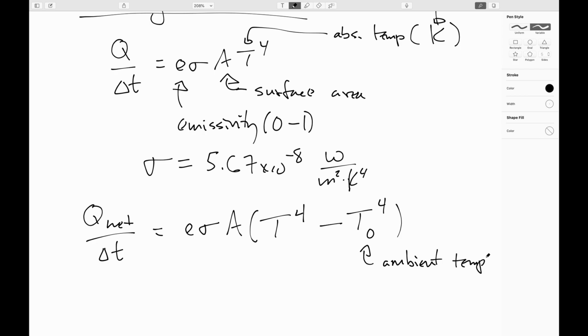We can look at this for a couple of things. I'll do an example in just a second looking at a satellite. But also practically, this is why I say if you're worried about getting yourself overcooked in the summer, you might choose to wear a lighter colored t-shirt rather than a darker colored one. As it turns out, the emissivity does track pretty close with how light or dark the material is. The lighter the material, the emissivity will be closer to 0, and the darker the material, the emissivity will be closer to 1.